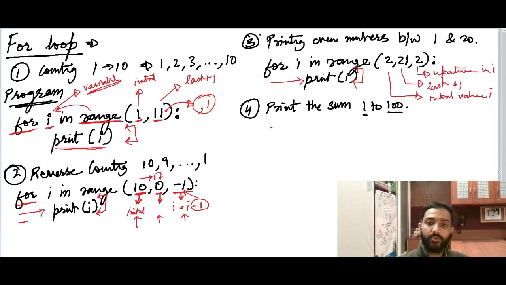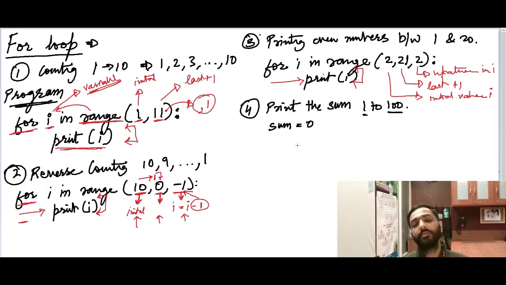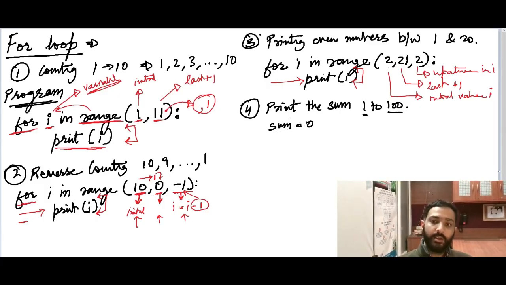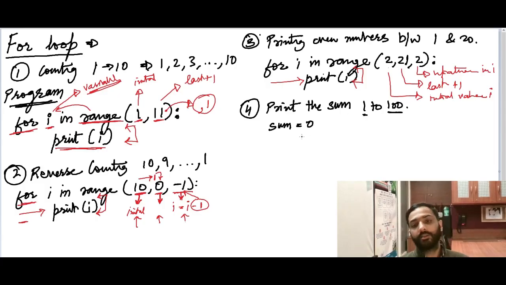So how we can do that? First we should take some variable sum equals to 0. We should initialize it with 0. And in this sum we will put the summation of all these numbers.